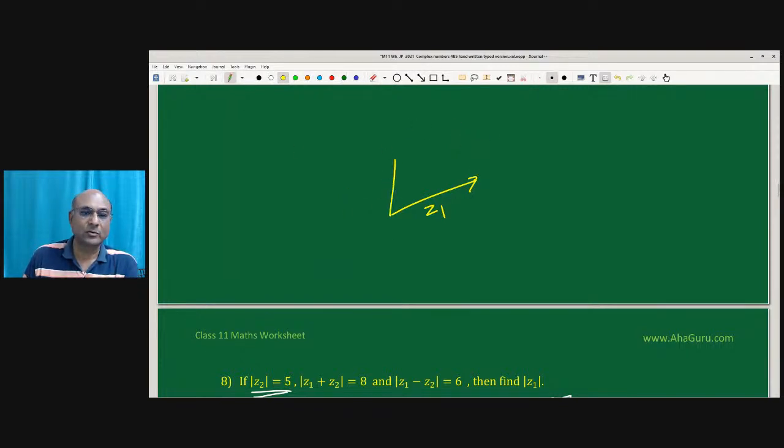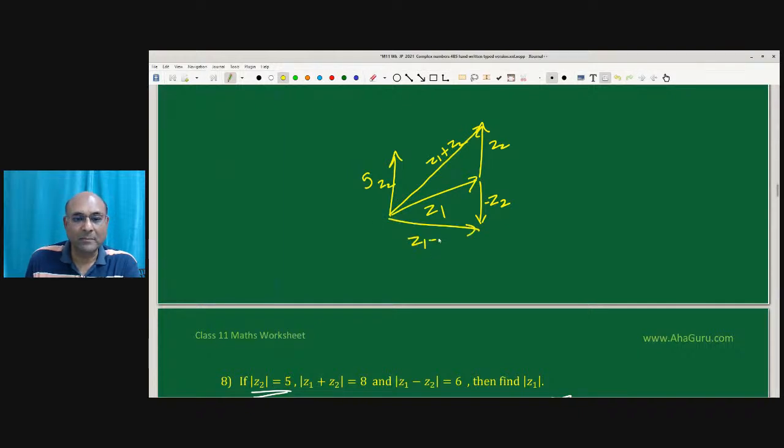So let's say this was Z2, 5. If I put this here, this is Z1 plus Z2. But if I put it like this, this is Z1 minus Z2. You can do that also. So this is the median of this triangle. Think about it like that.